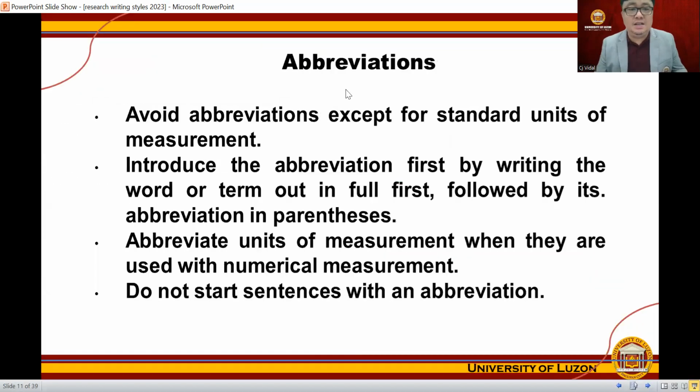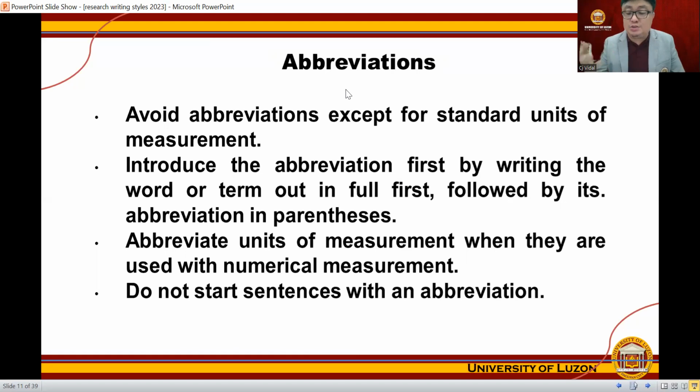Additionally, we also talk about abbreviations. In research reports we avoid such, except for standard units of measurement, for example SI prefixes, referring to Système International.